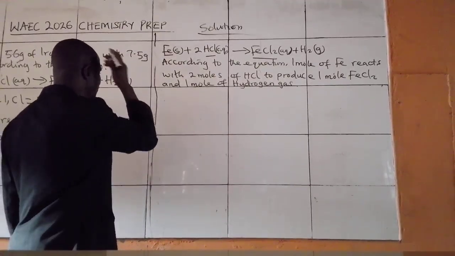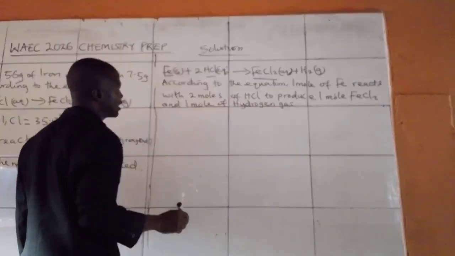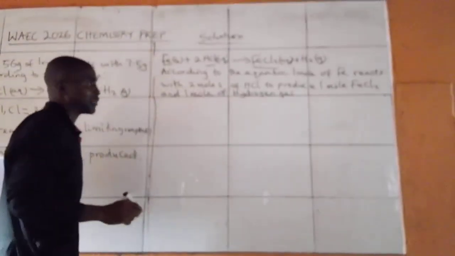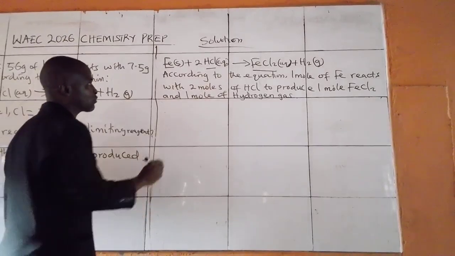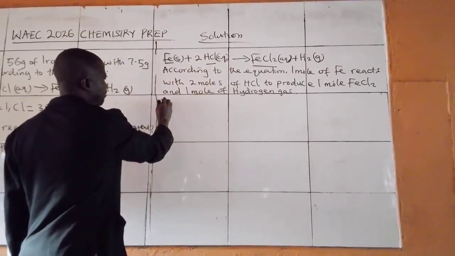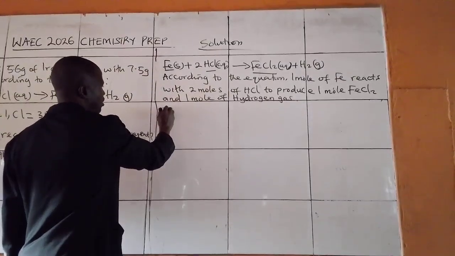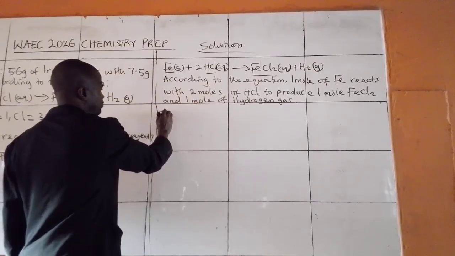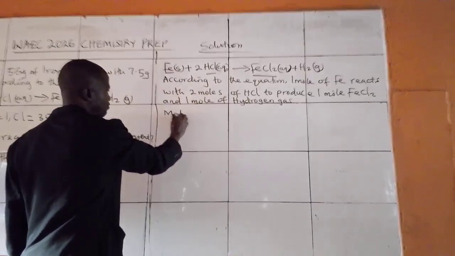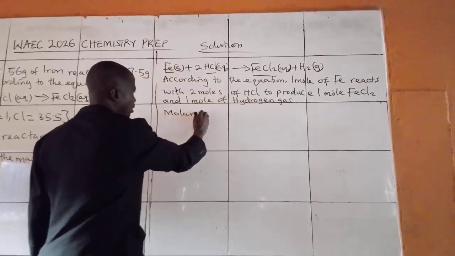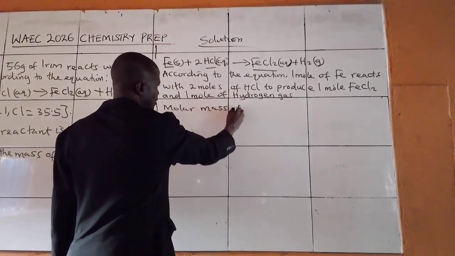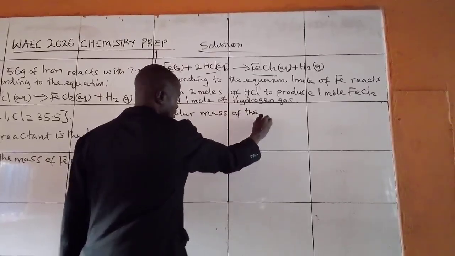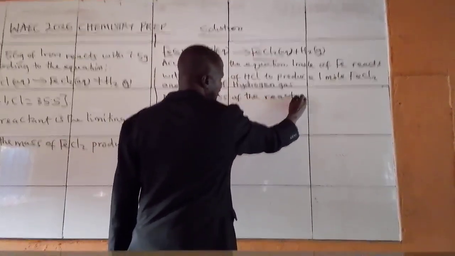For the first step, having balanced the equation, we are to calculate the molar mass of the reactants.